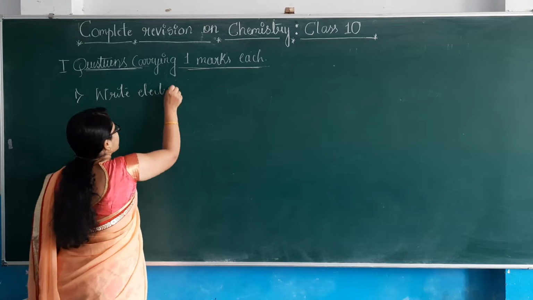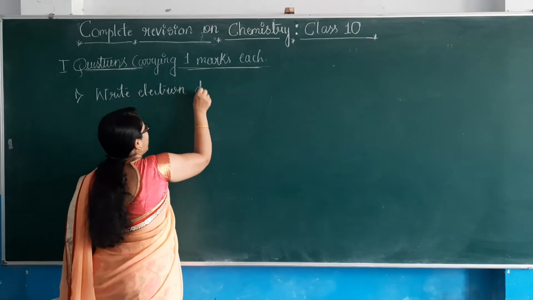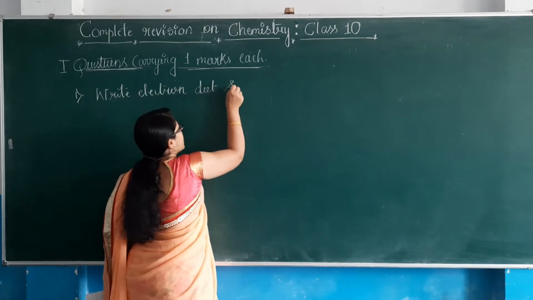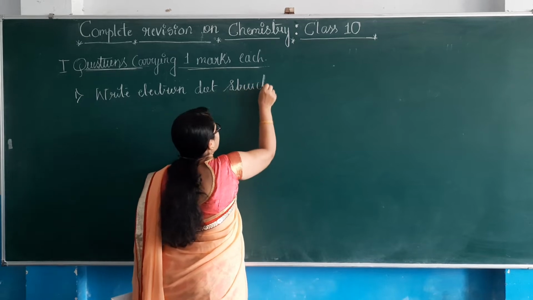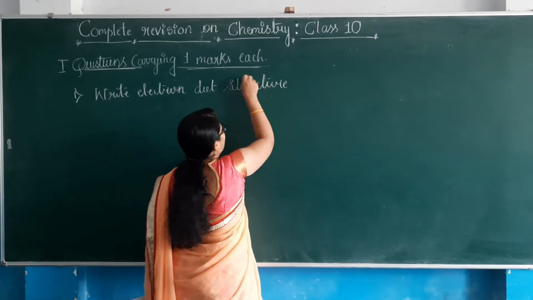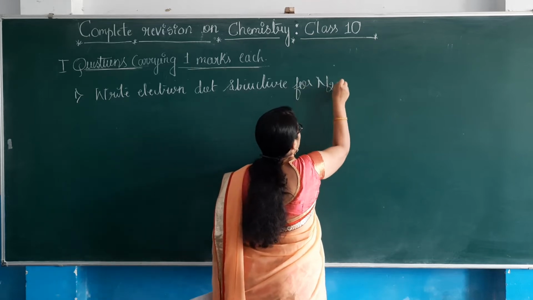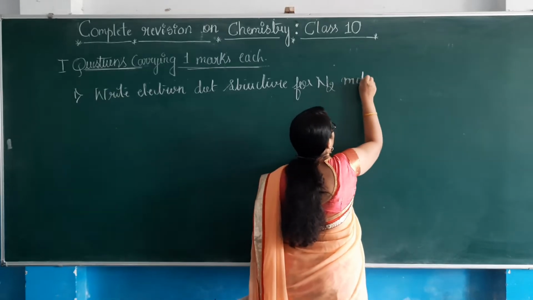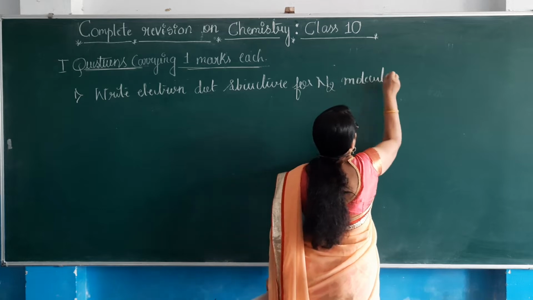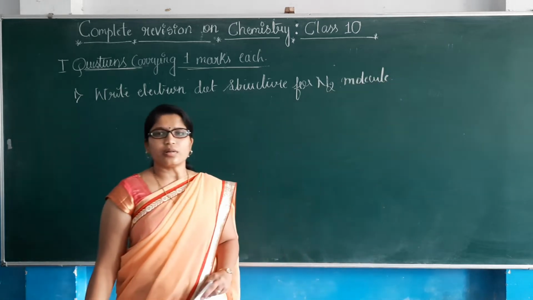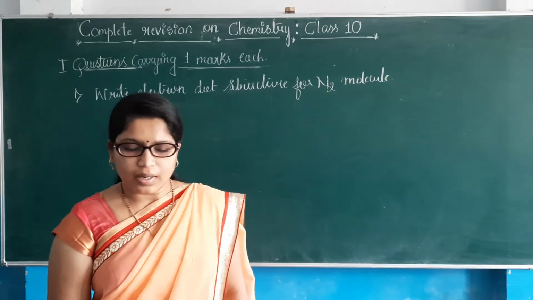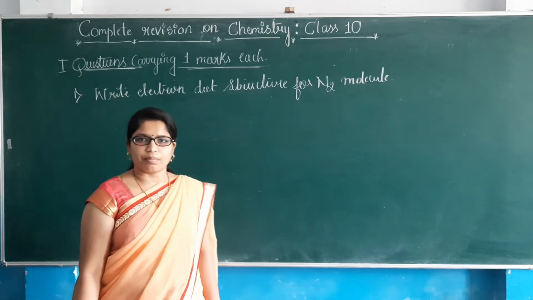Write electron dot structure for nitrogen molecule. We know that nitrogen has atomic number 7.